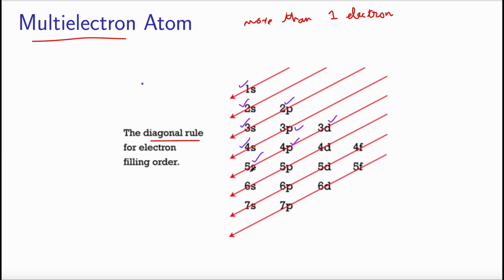You can see the direction in which the orbitals are filled up. We will now go to an example to see what we mean by this Aufbau principle. You can see the arrows.